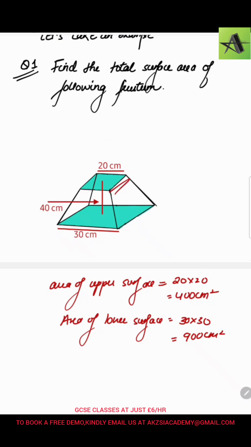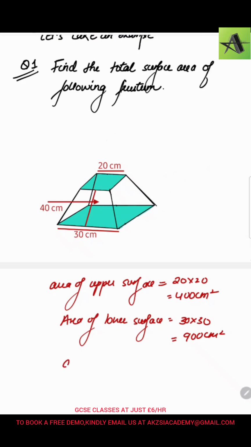Now area of each of these trapeziums. For a trapezium, we know the formula says half times sum of the parallel sides. The parallel sides are 20 and 30, so 20 plus 30, times the height between them, which is given as 40.